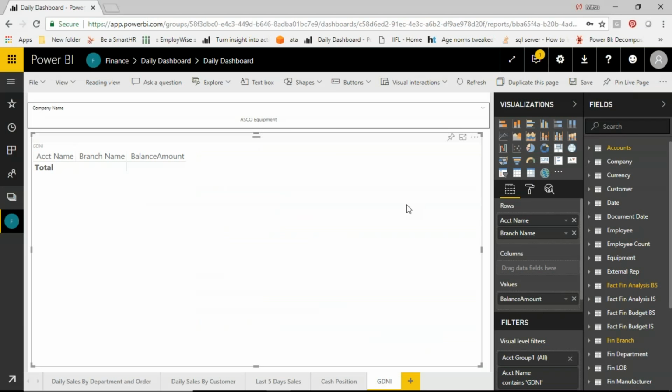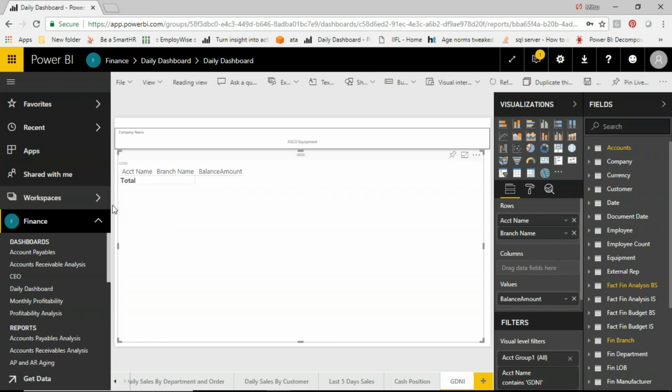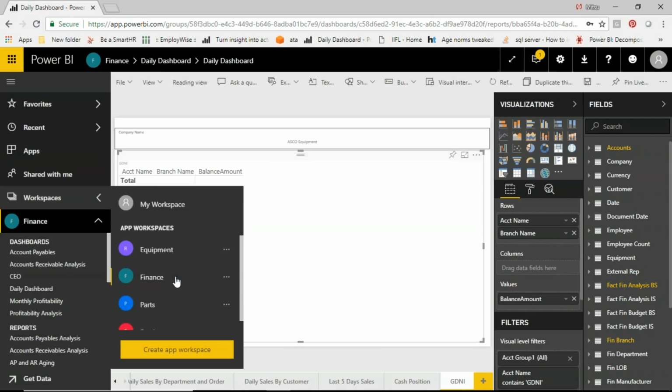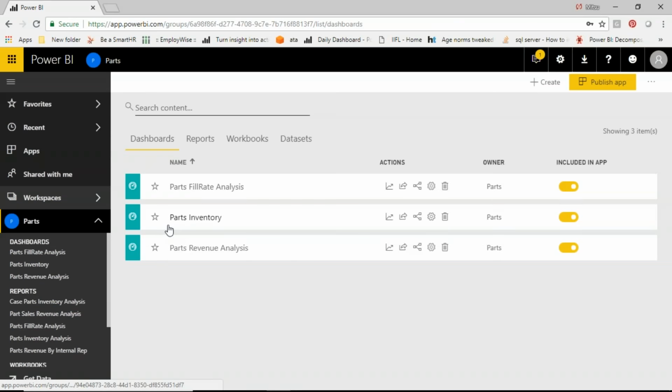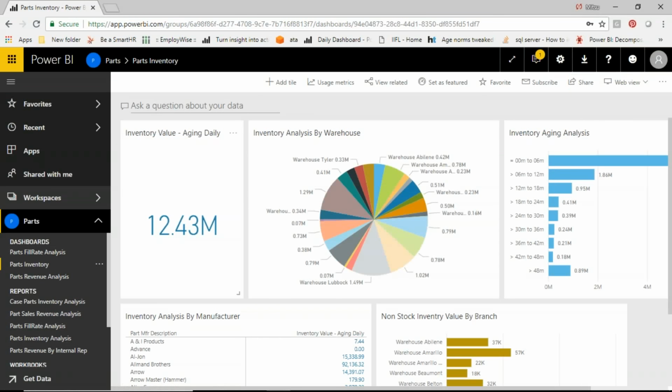Yeah, and this one will show you the balance amount of the goods delivered but not invoiced yet. Oh, it does look like it's built, I think.